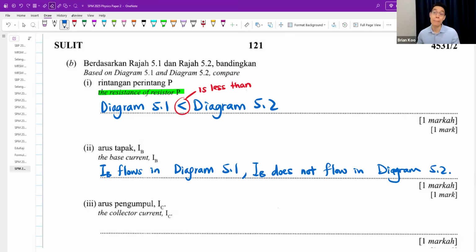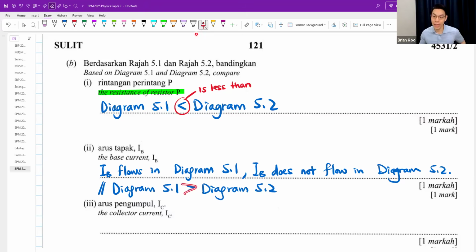This is the best answer, if you ask me. But in this year's SPM 2025, they also accepted if you just said diagram 5.1 greater than diagram 5.2. So sometimes you have to see that particular schema, how lenient they are, but one flow, one doesn't flow, or you can just say higher than.